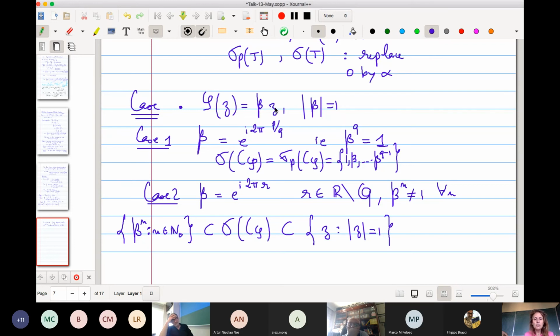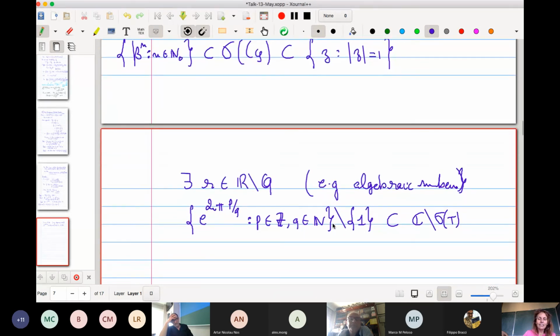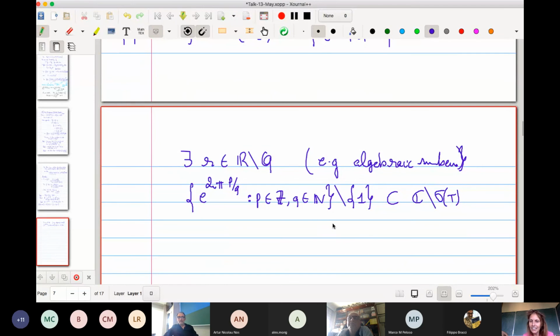In general, the point spectrum is empty for the aperiodic case. And the spectrum is very different from what was previously. It may happen that the spectrum is unbounded. It can be the whole complex plane. Okay, maybe I should stop here.